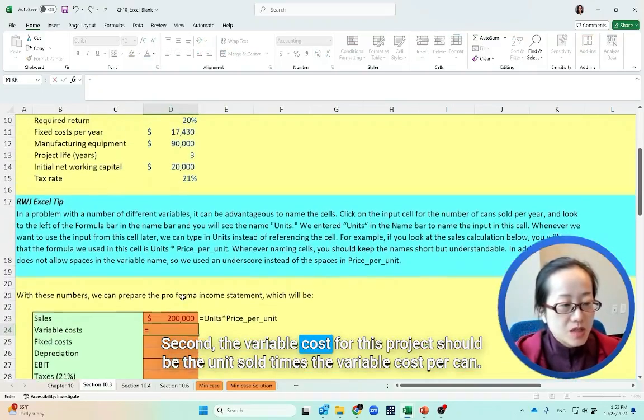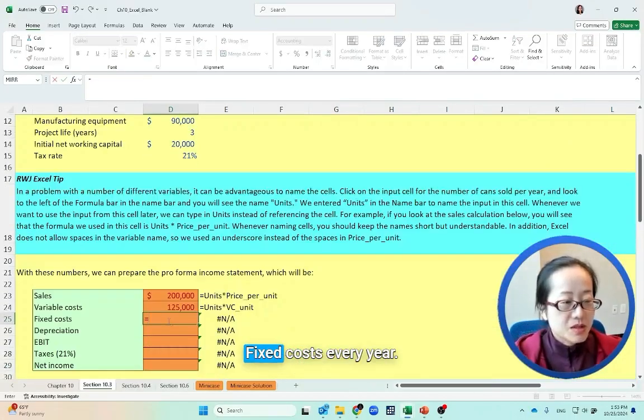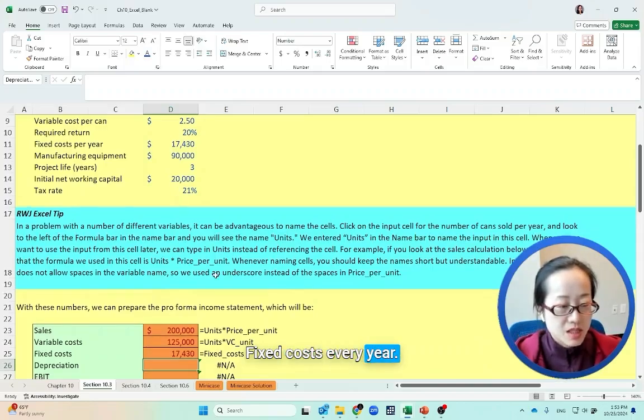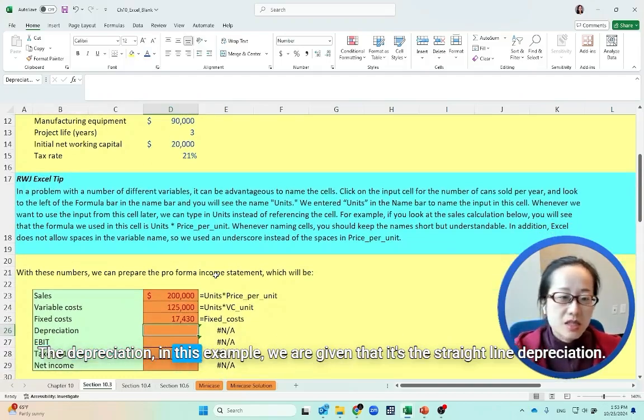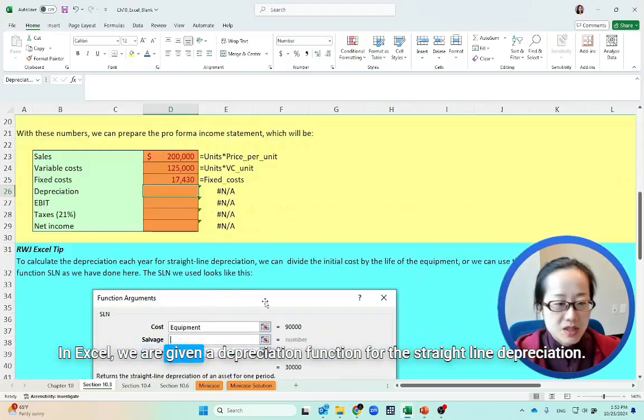Second, the variable cost for this project should be the units sold times the variable cost per can. Fixed costs every year. The depreciation. In this example, we are given that it's straight line depreciation. That means each year, the depreciation expense will be the same. In the Excel, we have a depreciation function for straight line depreciation.